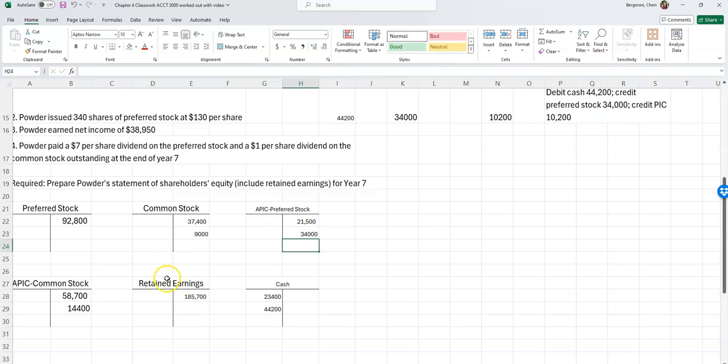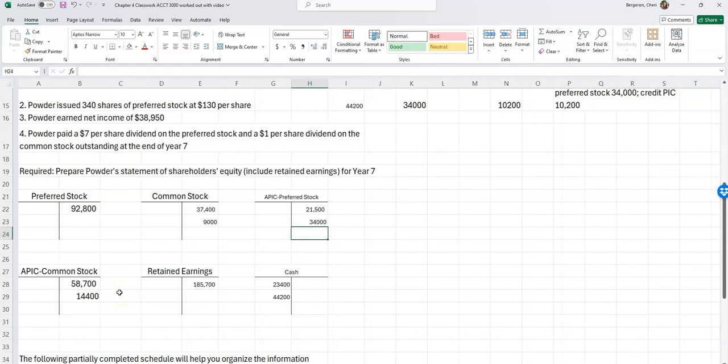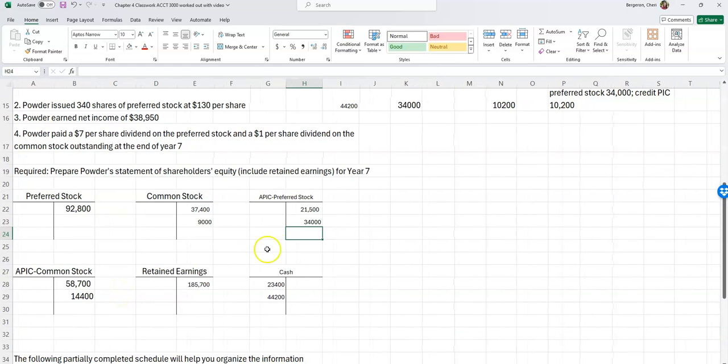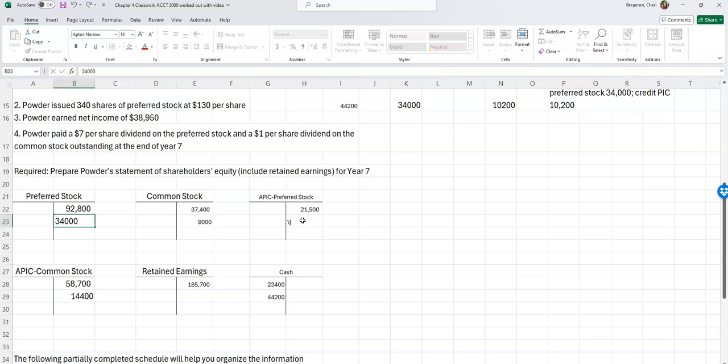Paid in capital in excess of par for preferred stock. Wait, this is additional paid in capital. Preferred stock, sorry about that. Preferred stock went up by 34,000. Paid in capital in excess of par for preferred stock went up by 10,200.